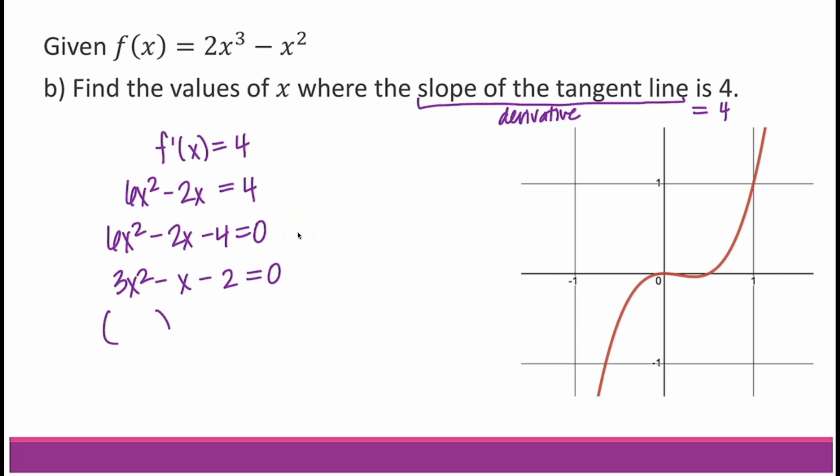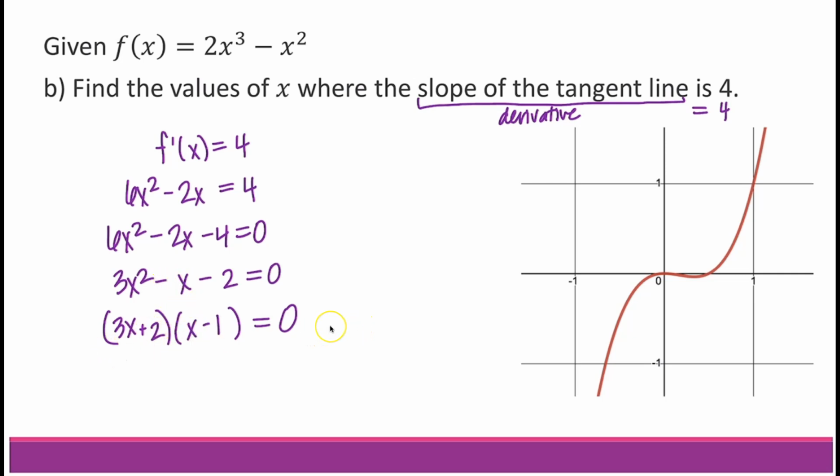And now we'll factor this quadratic. So we know it has to be 3x and x. And so we're looking for these two numbers here to make the middle term work out. And so let's see, we're going to have a 2 and a 1. And let's see, a -1 and a +2 should work out. So minus 3x plus 2x will give us that -x minus 2.